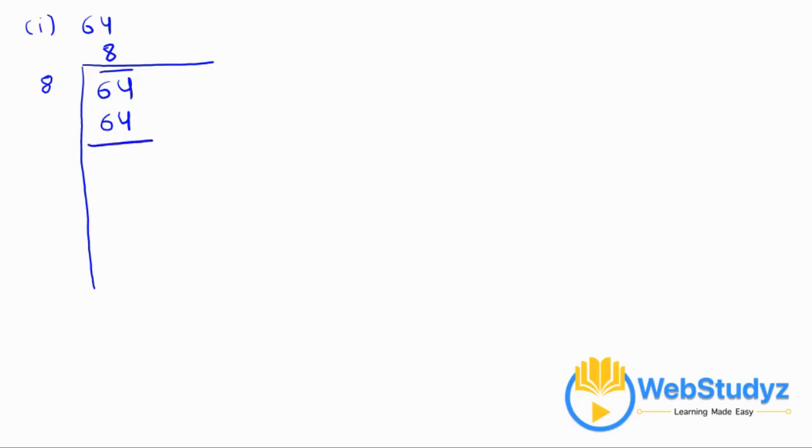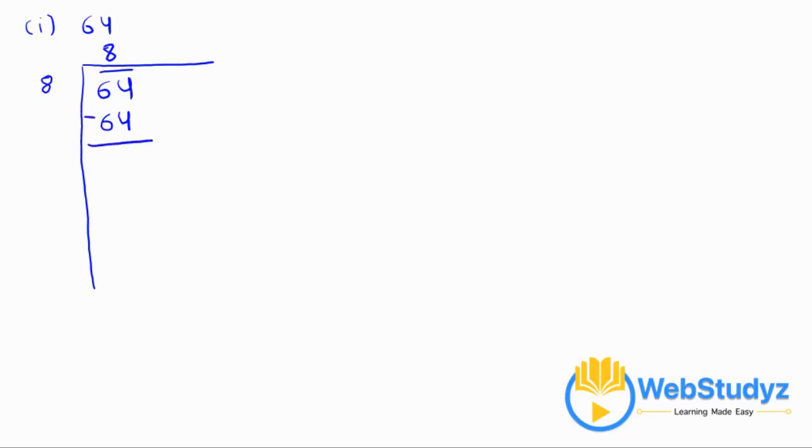So in the first we have been given 64. We can apply the division method here, for which we have to make pairs of 64. We can easily see that 64 is the perfect square of 8, so we just have to multiply 8 by 8 to get 64.